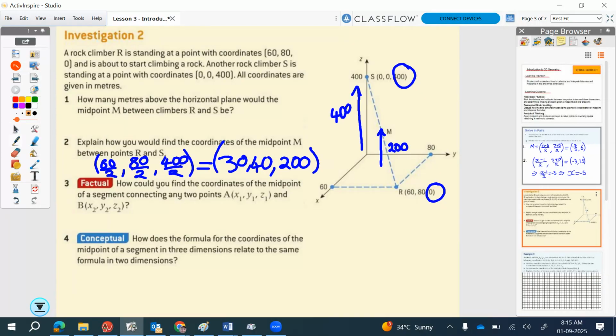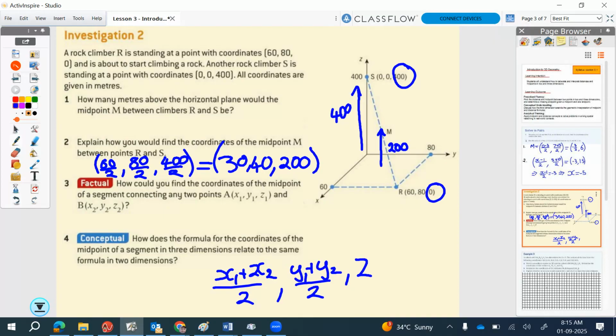So the last two are basically, well, what is this formula? This formula is going to be x1 plus x2 over 2, y1 plus y2 over 2, and we need a new letter.